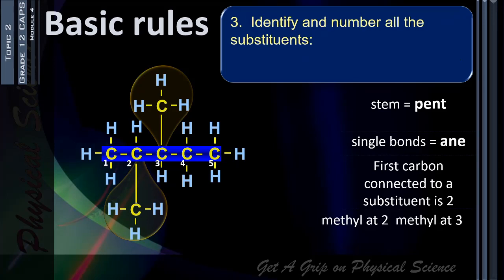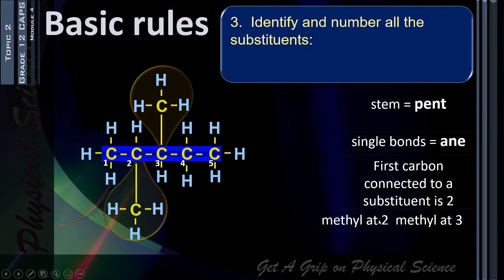Rule number 3. Identify and number all the substituents. So there's 1 carbon in this substituent or alkyl group, which makes it a methyl, and this methyl has a bond to carbon number 2. And then you can see that this is also a methyl substituent, and this methyl has a bond with carbon number 3.